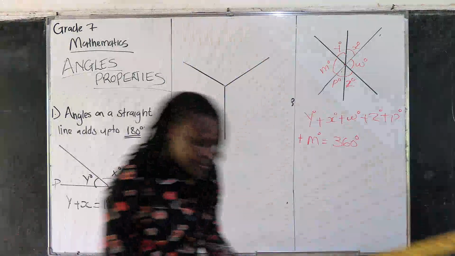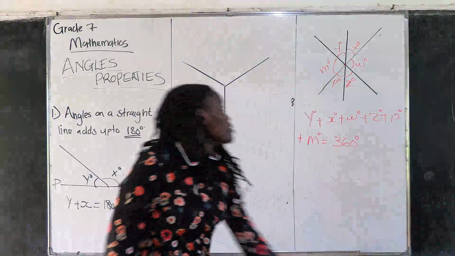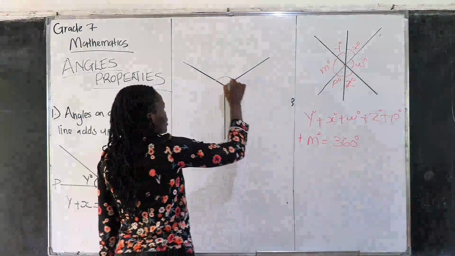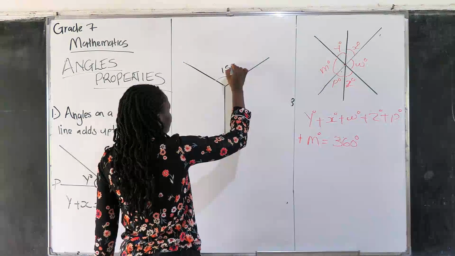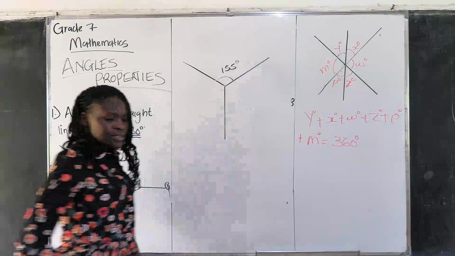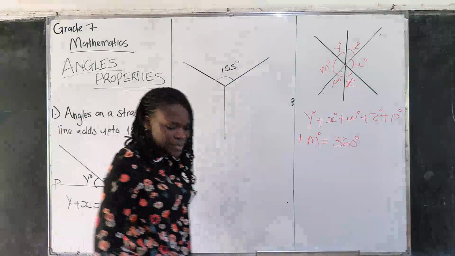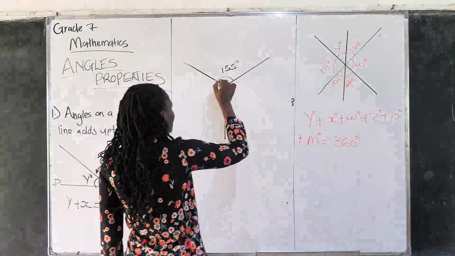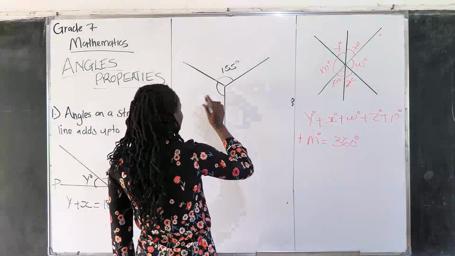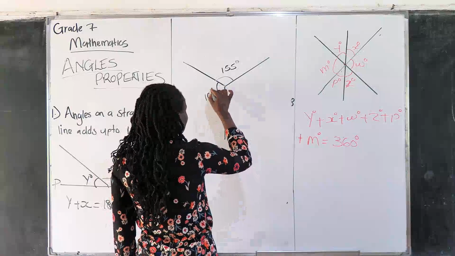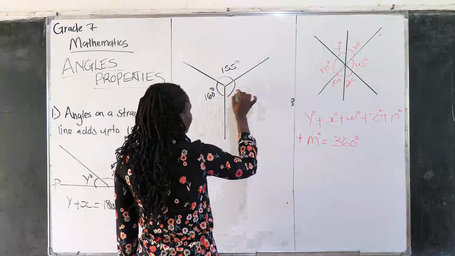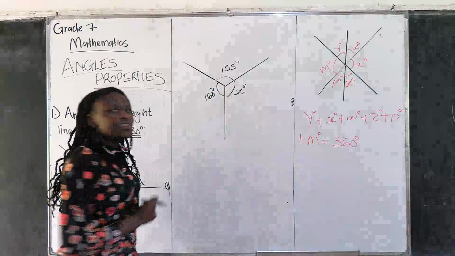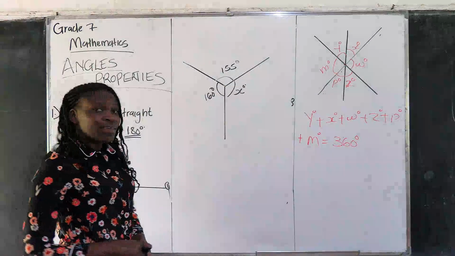We have those. We are told this angle is 155 degrees. This angle is 160 degrees. We are told now to find x degrees. So we want to find x.